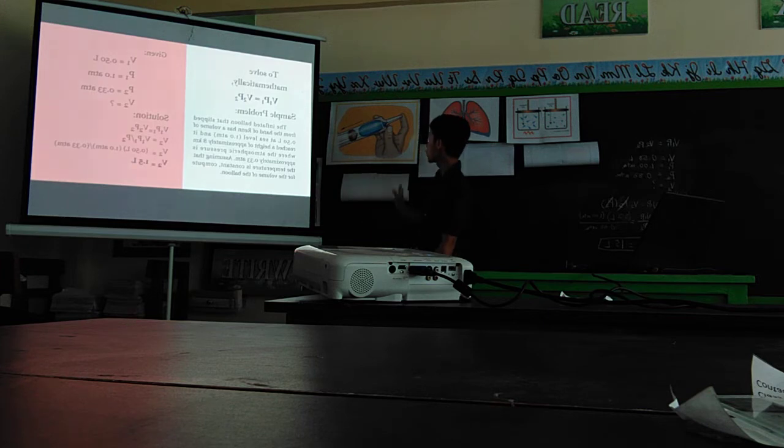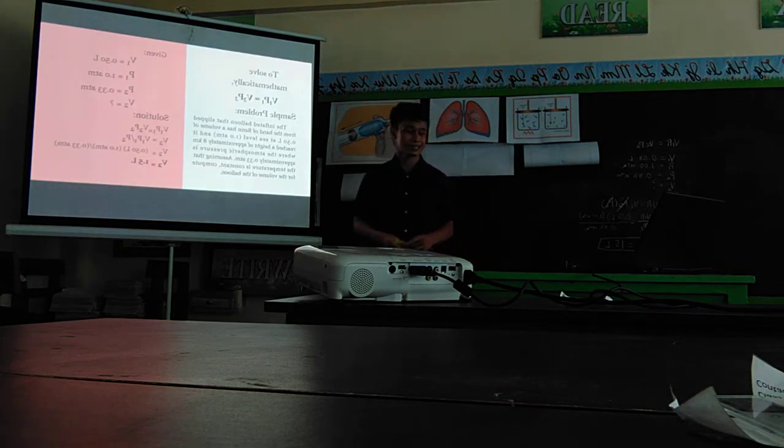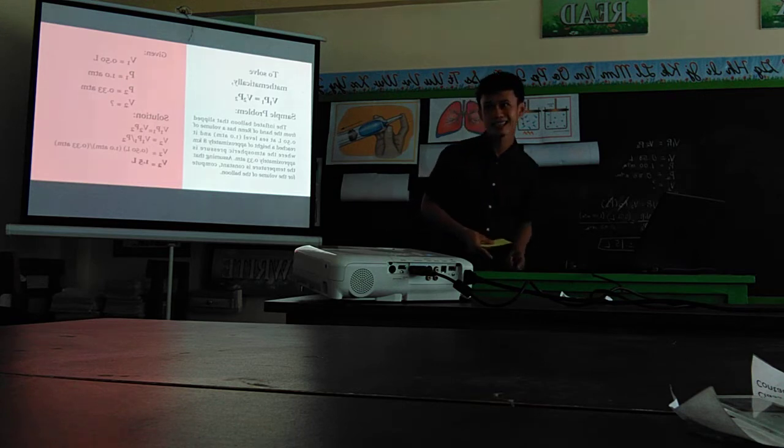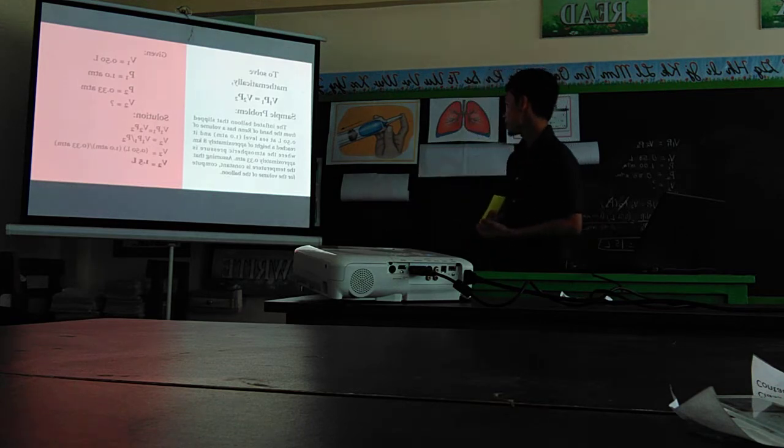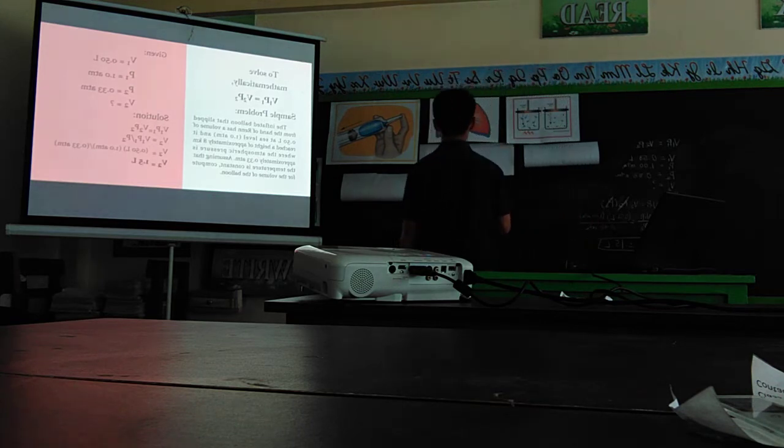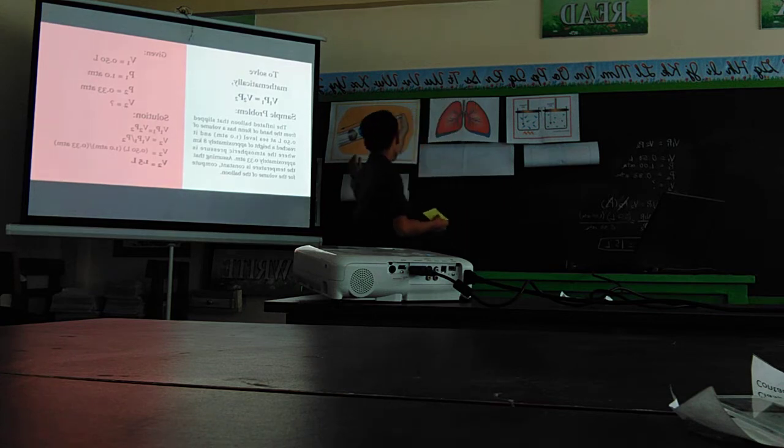As they push down, the volume decreases, the pressure increases. But when they pull the plunger up, the volume increases while the pressure decreases. So that's it. Any questions in regards to Boyle's law? None? Okay, let's proceed.